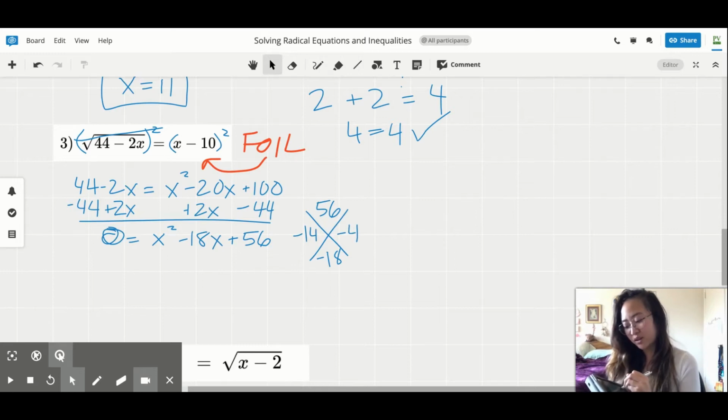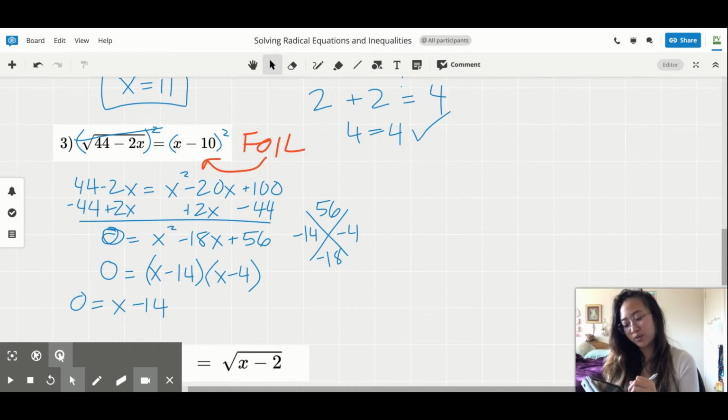So we have 0 equals x minus 14 times x minus 4. And then we can solve for x using the individual parentheses. For this one, we do get two solutions that we have to check, though: x equals 14 and x equals 4.